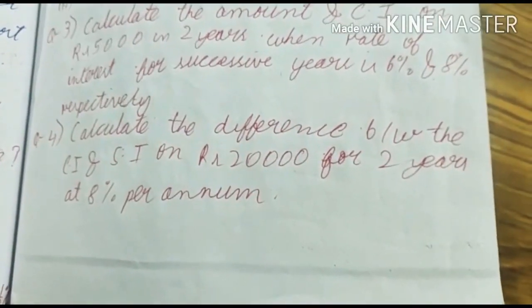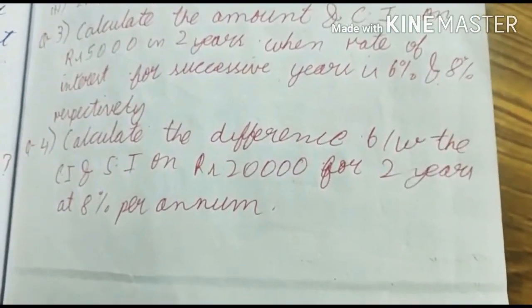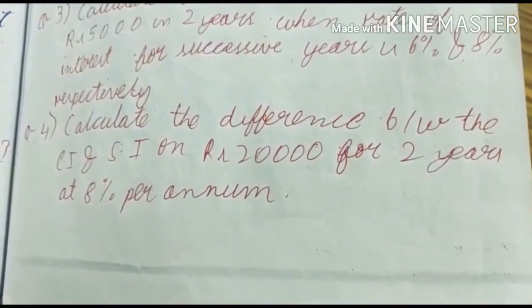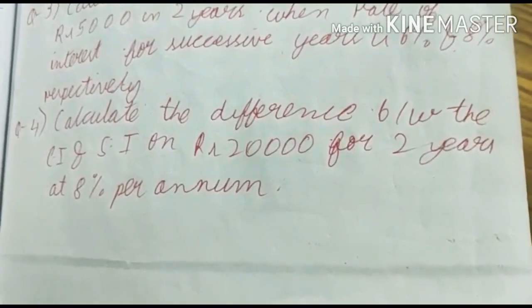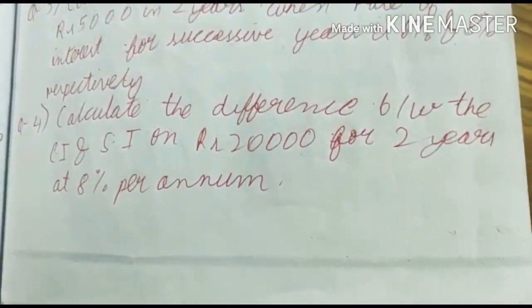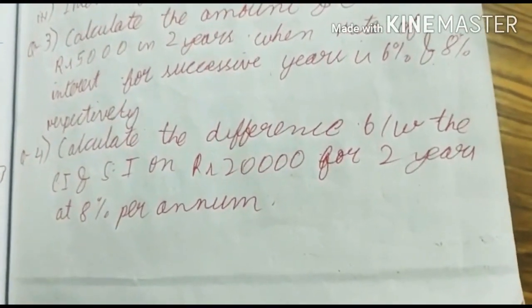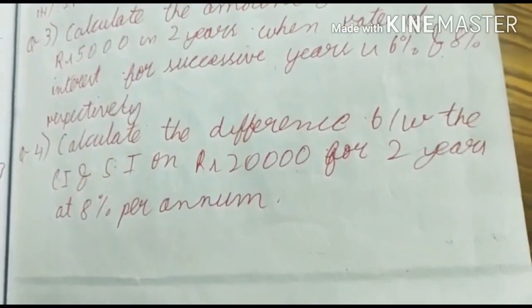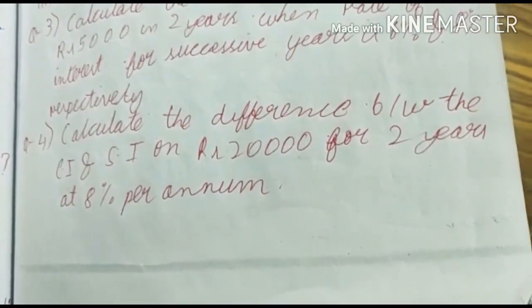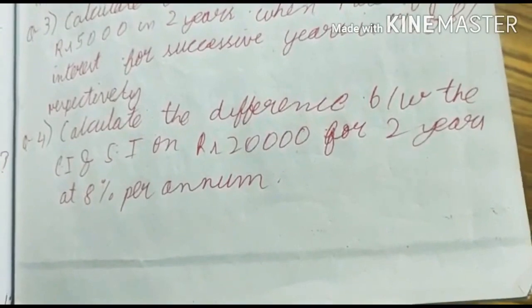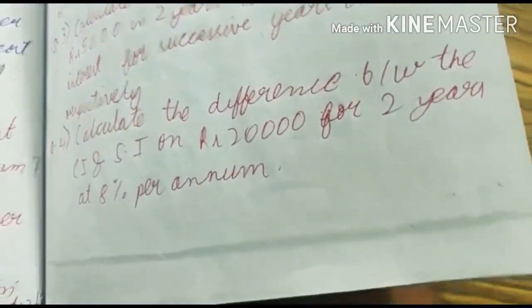Our last question in this exercise is calculate the difference between the compound interest and simple interest on rupees 20,000 for 2 years at 8% interest. So we have to find the difference between the compound interest and the simple interest, only the interest part. Okay, here principal is 20,000, time is 2 years, rate is 8%.